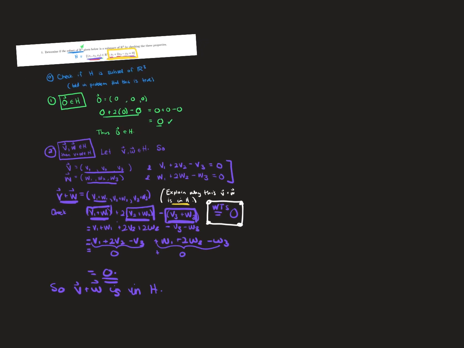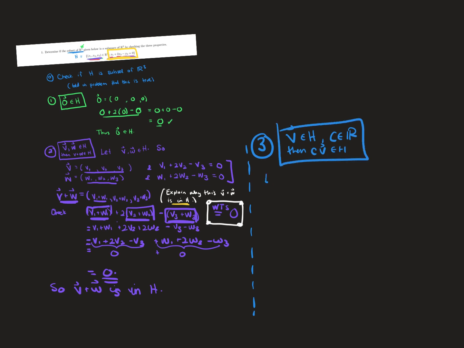Okay, so looking at the next part, it's going to be pretty similar. So I want you to recognize some similarities here. The last thing I'm going to show is that if v is in the set, and c is just any real number, then c times v is in the set. Oops, I wrote r instead of H. That's my goal here. So again, I'm just going to let v be in my set and c be some real number.